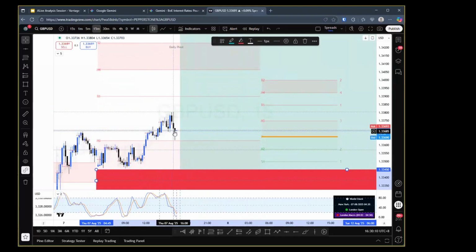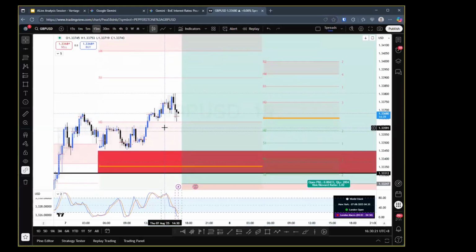So if you are starting off with a small account and you are looking to buy pound dollar, you will want to find sellers who are selling below the opening price of today and take those orders as your buy orders. That's the best entry you can get for today.